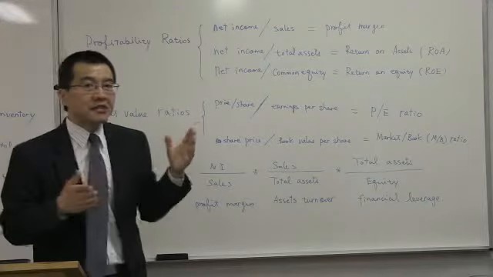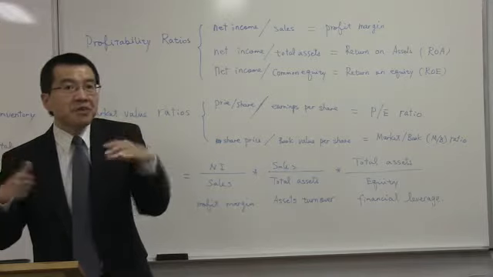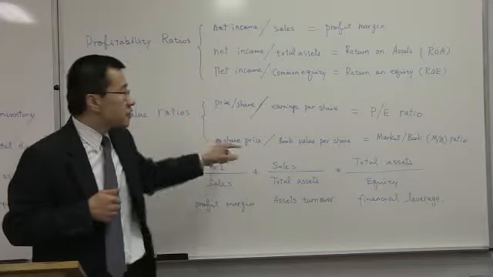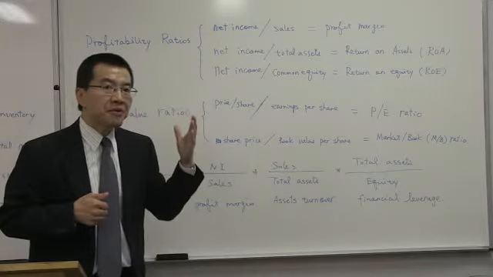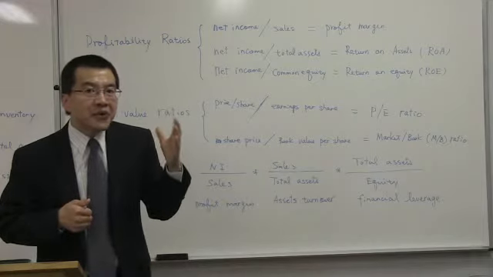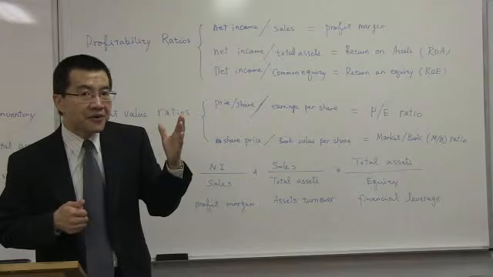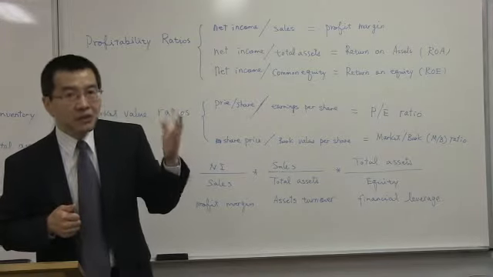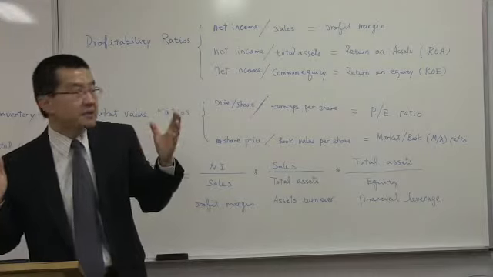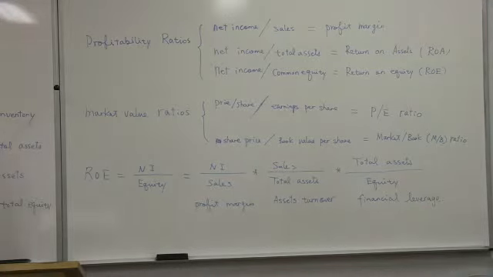You can directly buy the similar assets to assemble a new company, and the value will be much higher than the company currently. So the market to book ratio indicates whether the company created value or not. If they are not creating value, they are losing value, and no one wants to buy the company. So that is for the market value ratios.